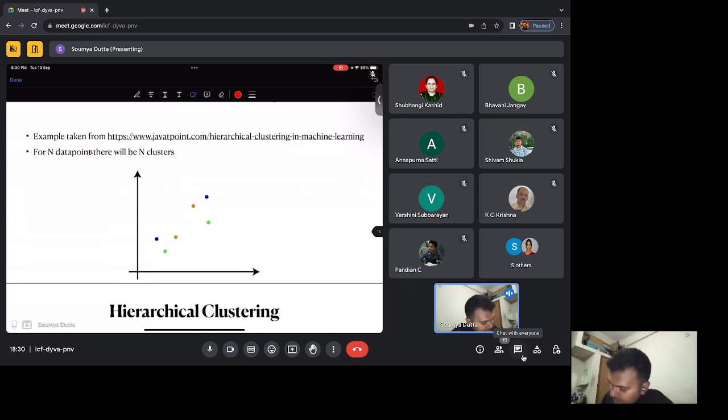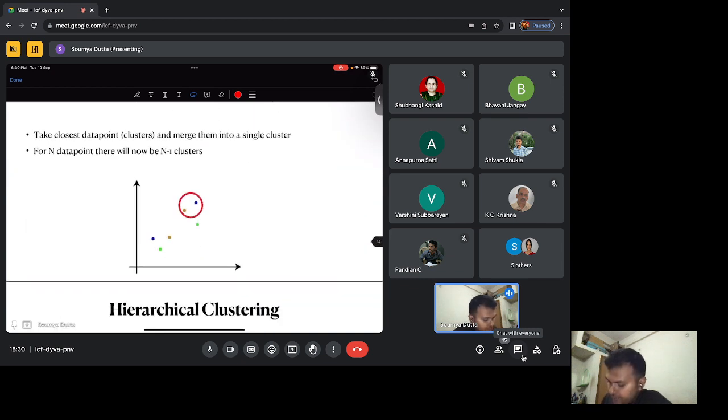For n data points you will have n clusters, so all of them are different clusters in this case. Take the closest data points and merge them into a single cluster. That's the first thing that you will do. For n data points there will now be n minus 1 clusters.